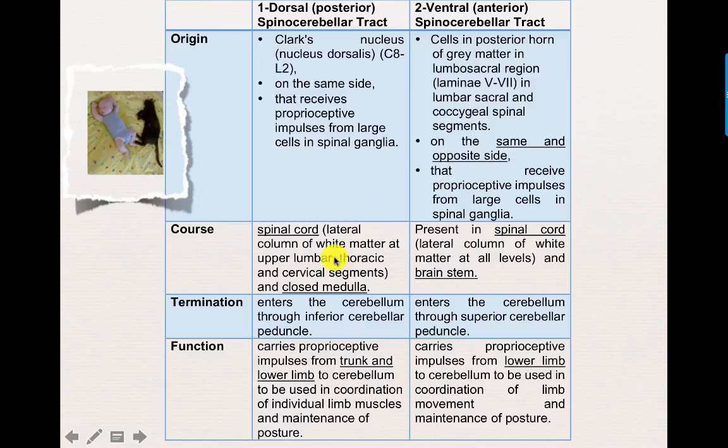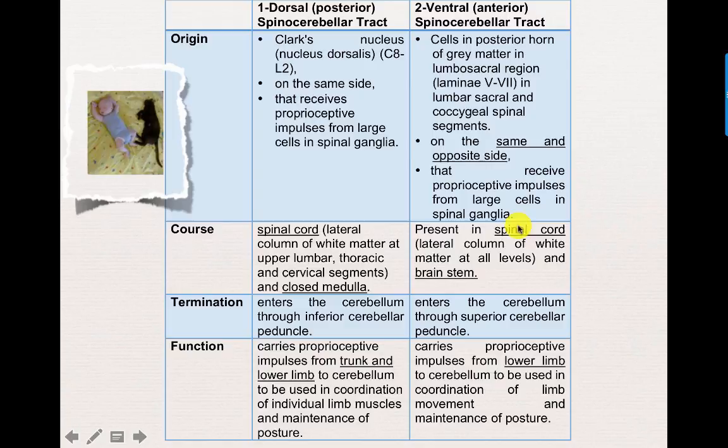As regards the course, both are present in the spinal cord, but this is present higher up in the lateral column and lower down in the lateral column. This is present in all the levels except the lumbar and also the closed medulla.